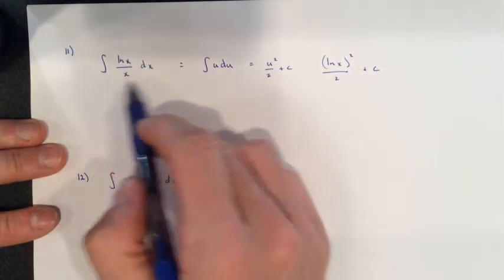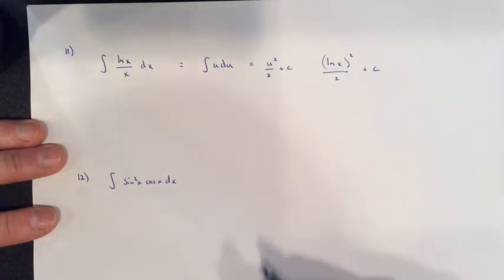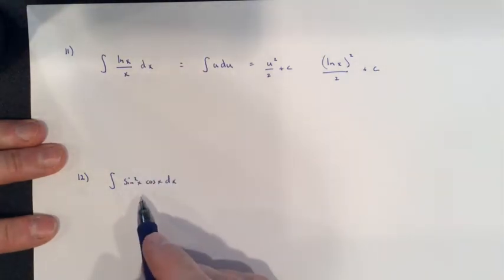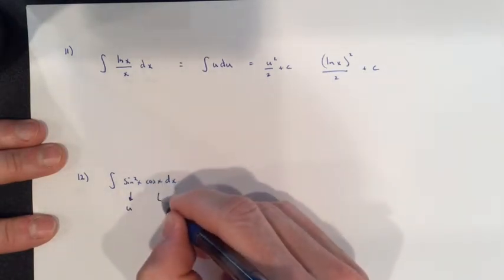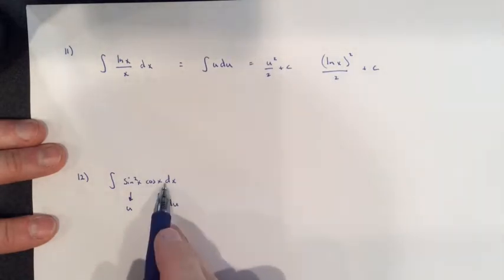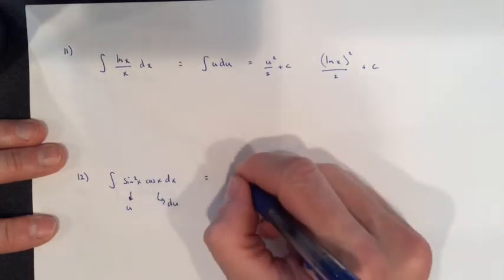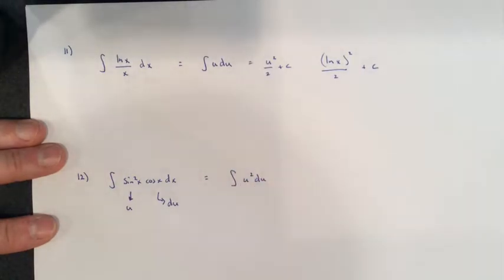Again, I know that might take a second to look at, but really you have u and du already right there. Same thing here. There's your u. Du, meaning the cosine. We don't even have to rip it off. There is a cosine nice sitting right there already. This is really already just u squared du.